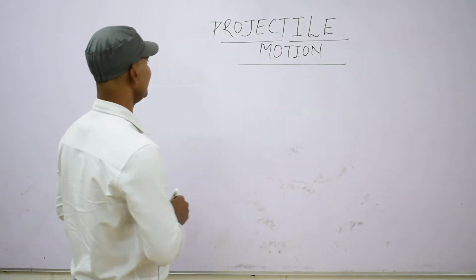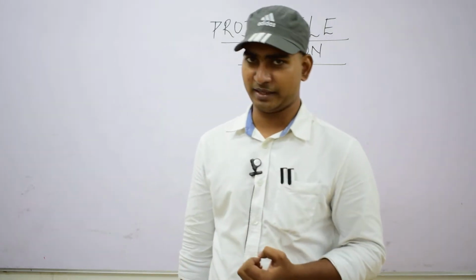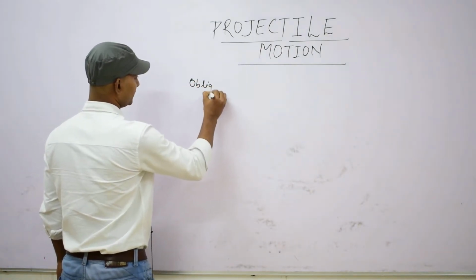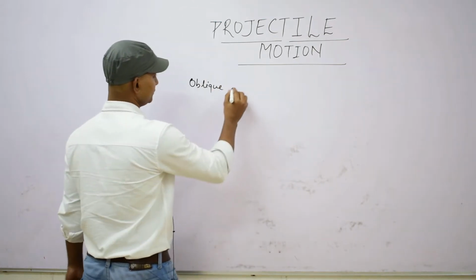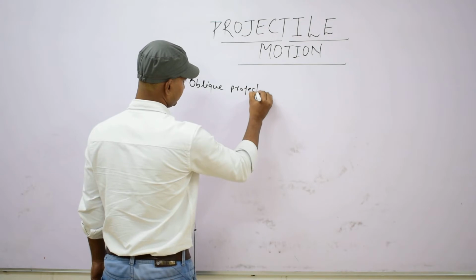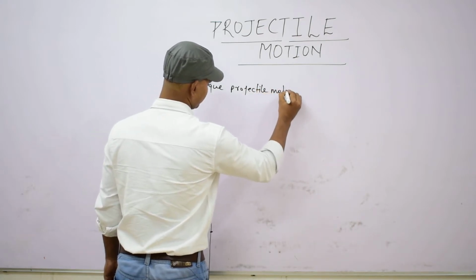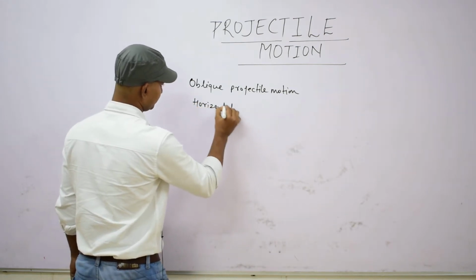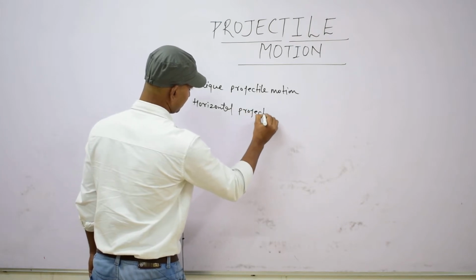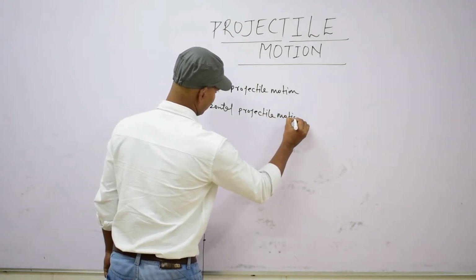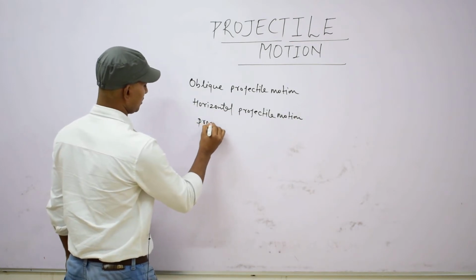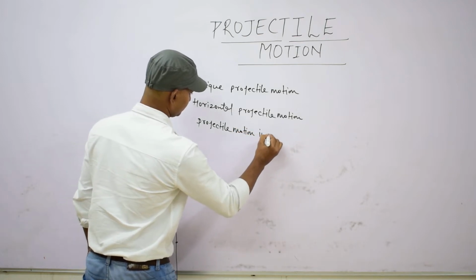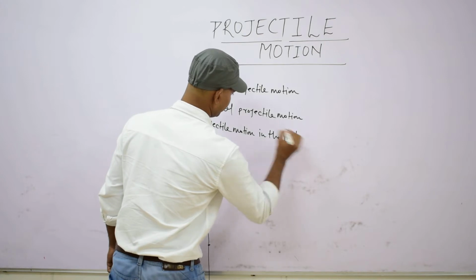There are basically three kinds of projectile motion. One is oblique projectile motion, second is horizontal projectile motion, and third is projectile motion in the inclined plane.